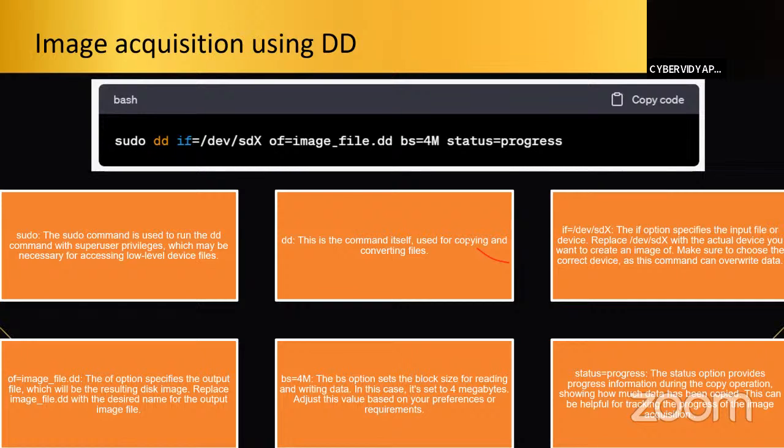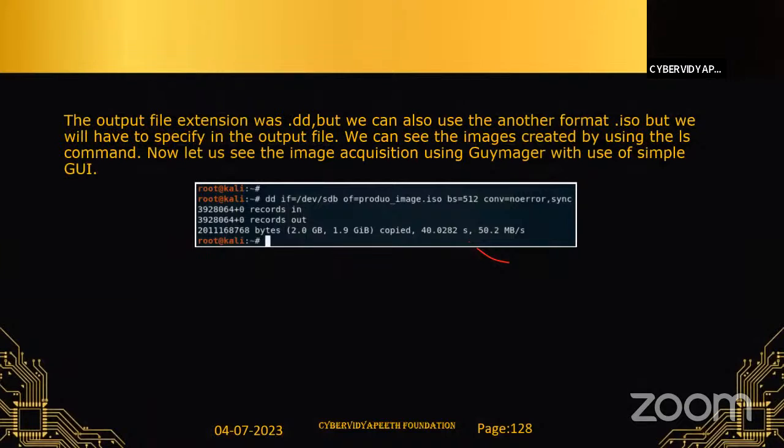Here we have taken a block size of 4 megabytes, and then status=progress. So this will show you the status if you use status=progress. By default it does not, but dc3dd shows it by default. Here you can put your file extension as dd, but we can use another format. You can use ISO format, particularly for Windows machines. ISO is a better format. You can use that.